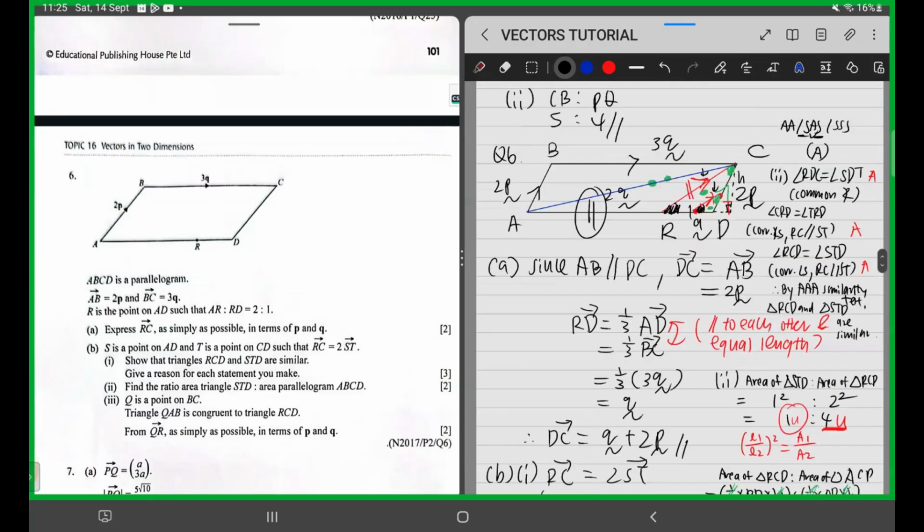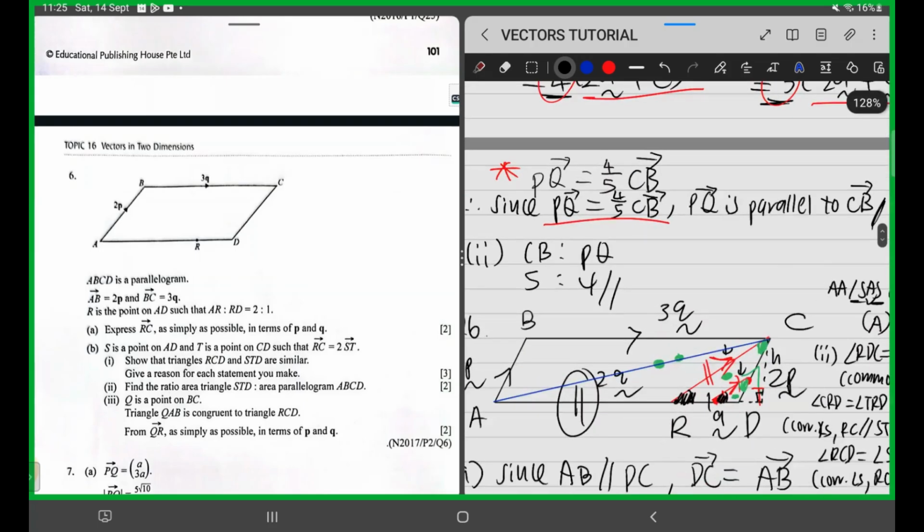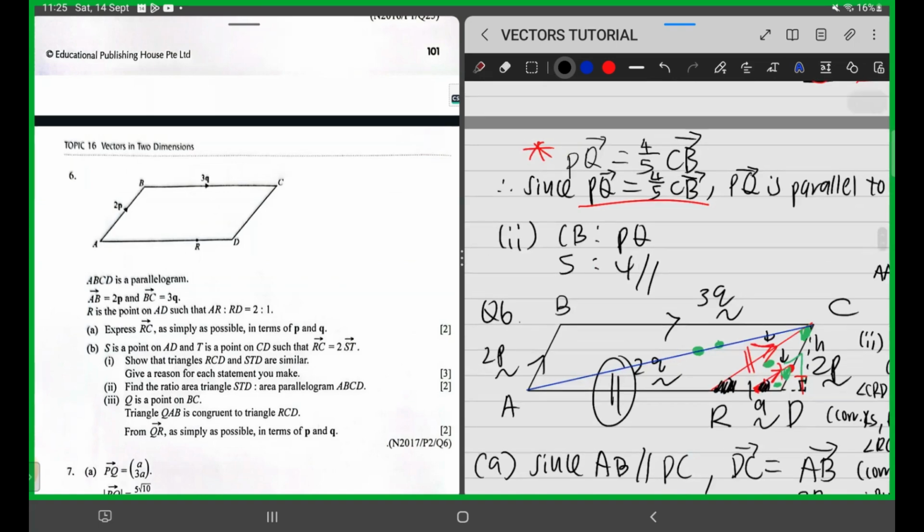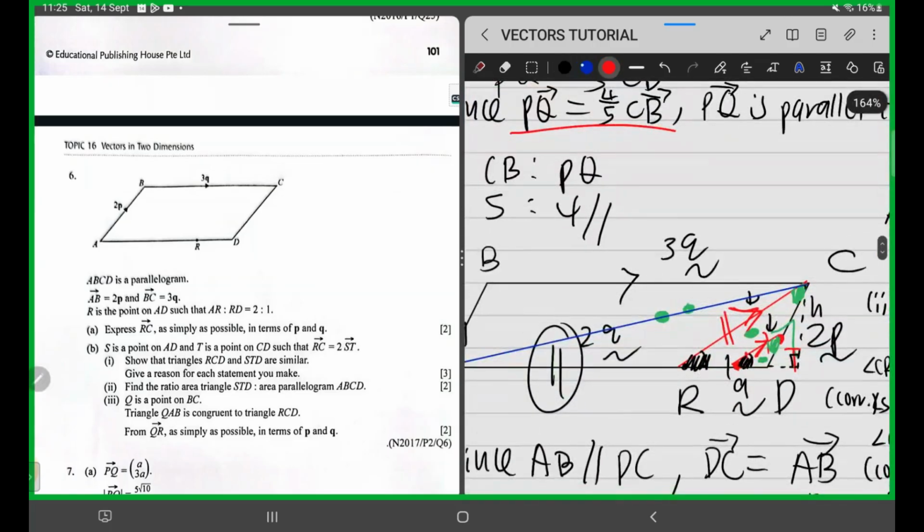So just bear in mind, to compare similar figures you need to compare the same shape. Cannot compare like parallelogram to triangle. You must compare triangle to triangle. So what we did was we compare this triangle with this triangle. Then we compare this triangle with this triangle. Then we compare this triangle with this triangle, which gives us the whole thing.